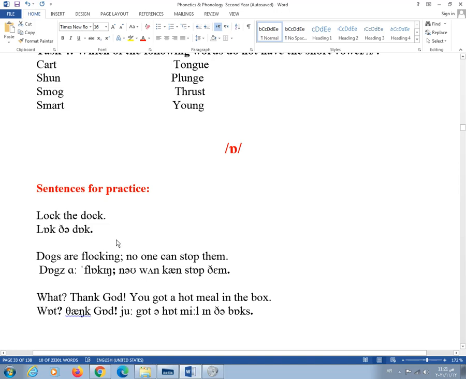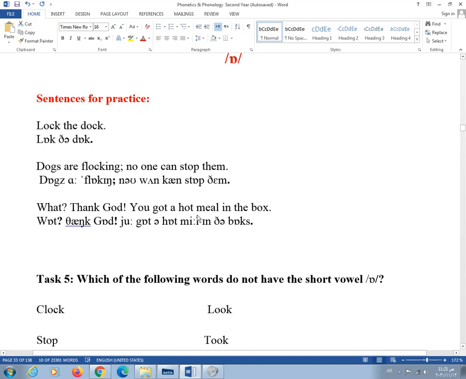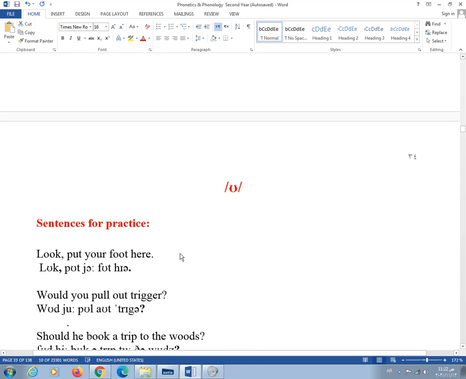Okay, let's keep on saying it the British way. Dogs are flocking, no one can stop them. What? Thank God. You got a hot meal in the box. And we have number 6.